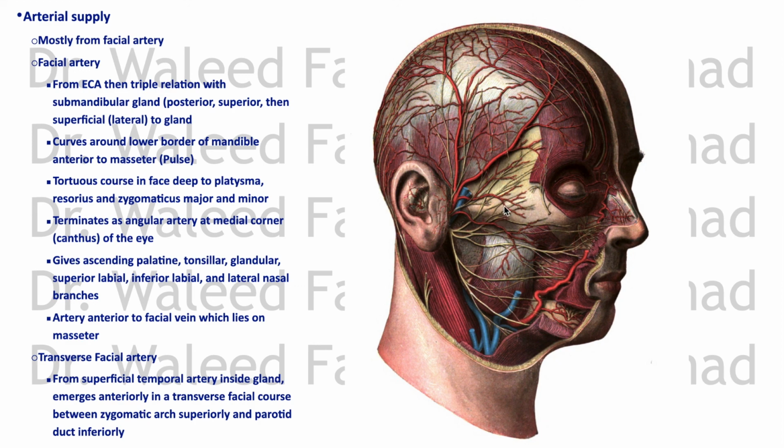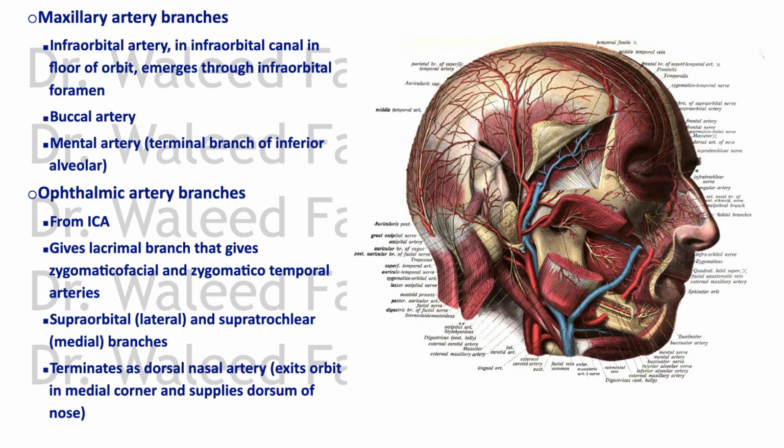And by time, we will study, I think, especially when we get to the orbit, individual branches. The maxillary artery branches are, as we said, the infraorbital and the buccal artery that goes to the buccinator muscle, and we said the mental artery, which is from the inferior alveolar, and we mentioned the ophthalmic artery branches, supratrochlear, supraorbitals, and infratrochlear.